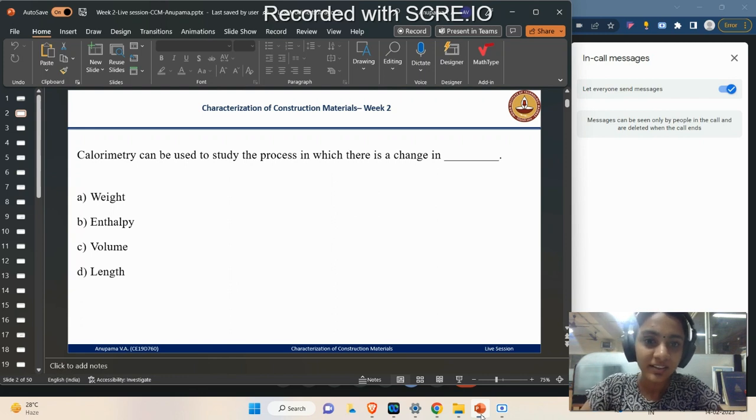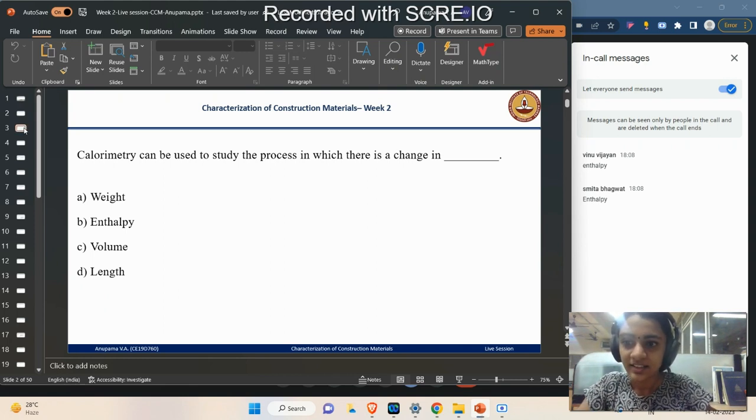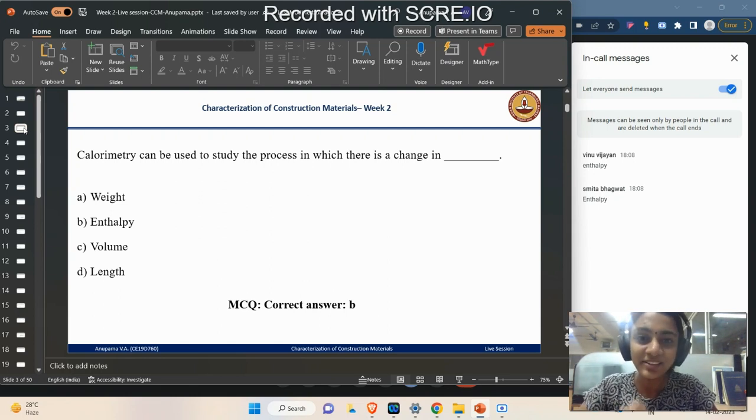I think I have given enough time for you to respond. That's all the answer I'm getting. Does any one of you have a change of opinion? Smita also goes with enthalpy. Yes, as rightly said by both of them. Mehana also goes with enthalpy. So the correct answer is B, which is enthalpy.